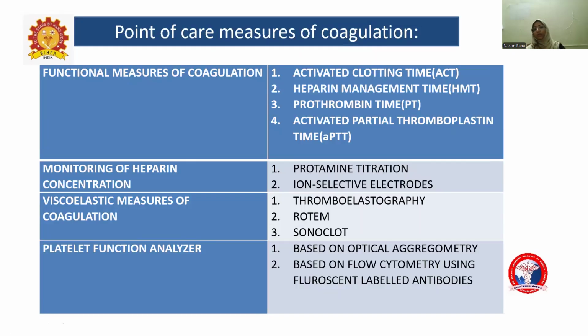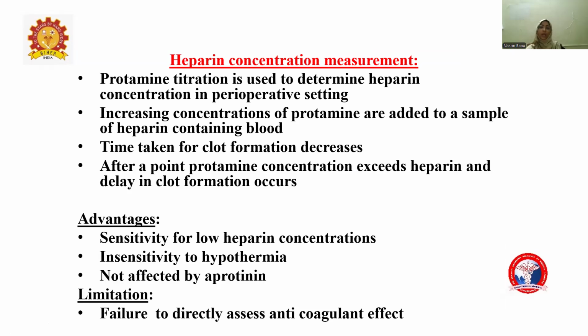Heparin concentration measurement we will see first, that is protamine titration. This is used to determine the heparin concentration in the perioperative setting. Increasing concentrations of protamine are added to a sample of heparin containing blood. The time taken for clot formation decreases.